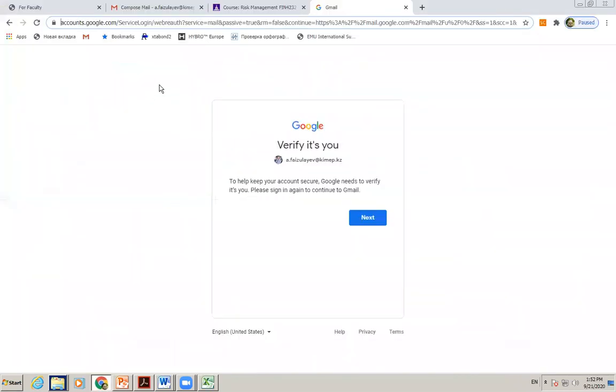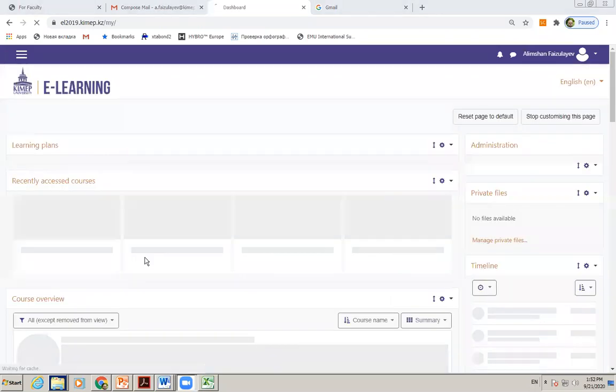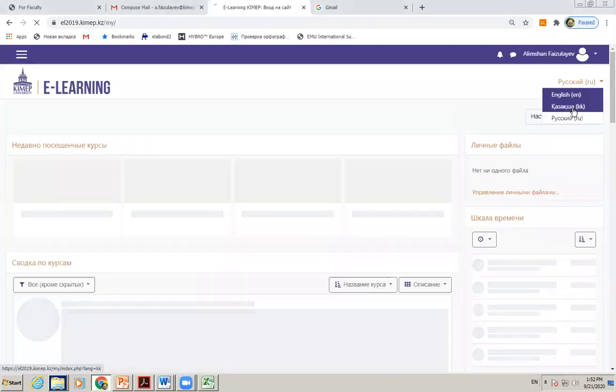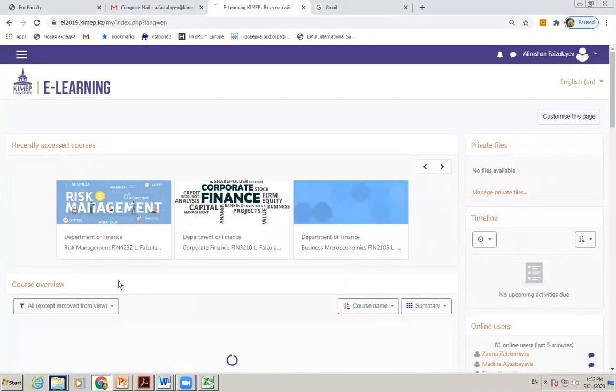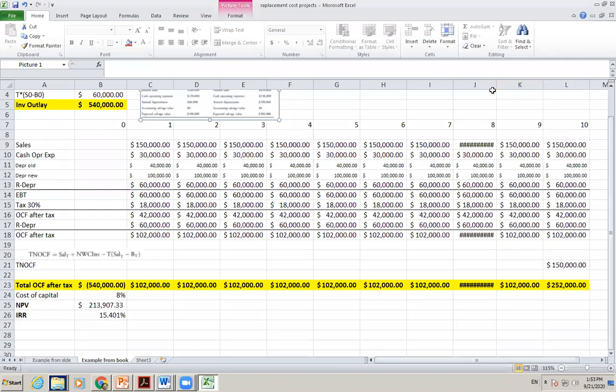Okay, I'm going to upload it to Moodle, this example. We have two examples, one from the slides and one from the book. And we proceed on Wednesday with the next topics. We'll have more topics.